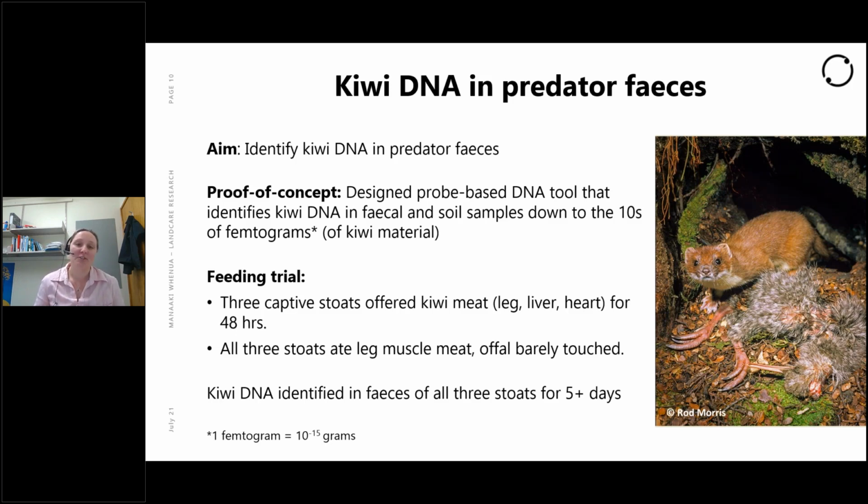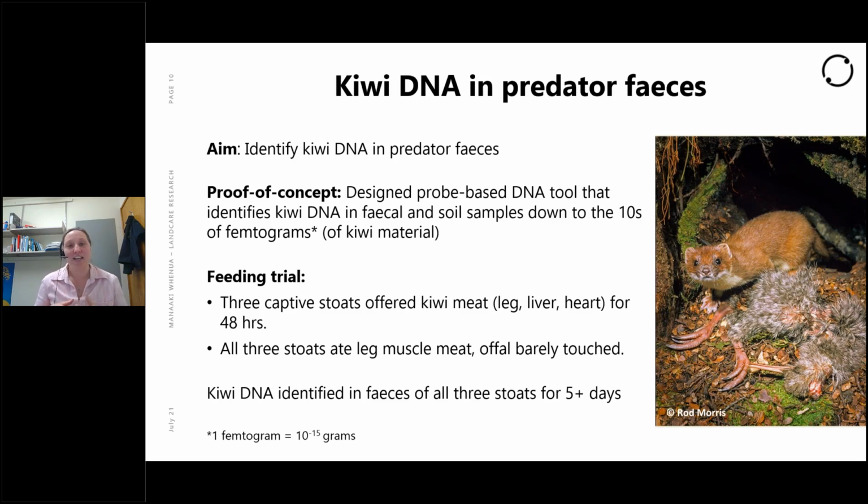So using this probe-based tool, we were able to identify kiwi DNA down to the tens of femtograms. For those of you like myself, where high school was quite some time ago, 1 femtogram is 10 to the negative 15 grams. So that's a very, very, very small amount of DNA that we're able to identify in these poo and soil samples.